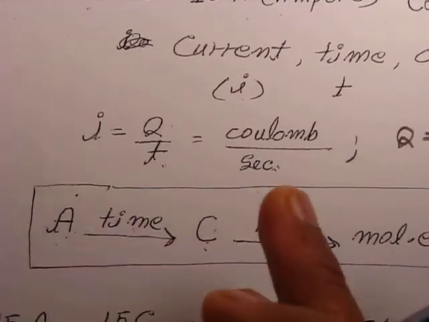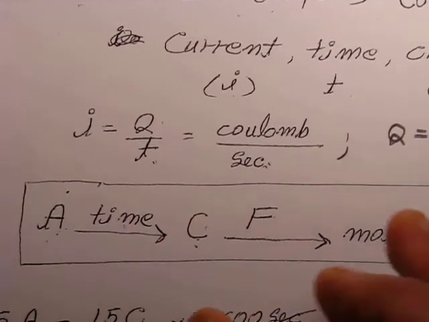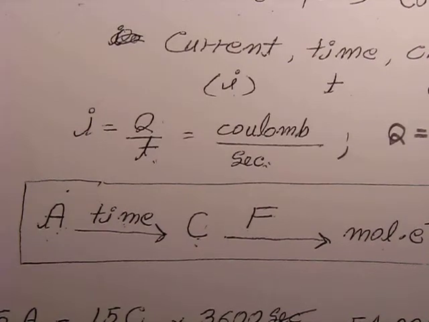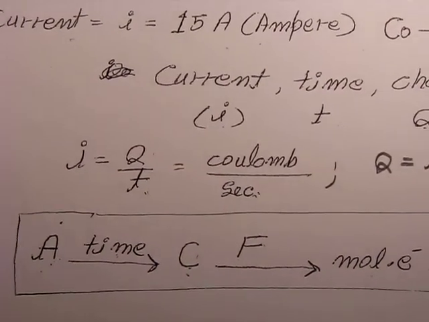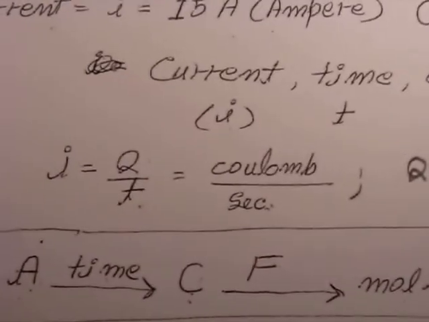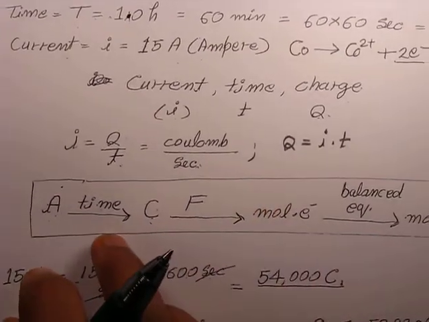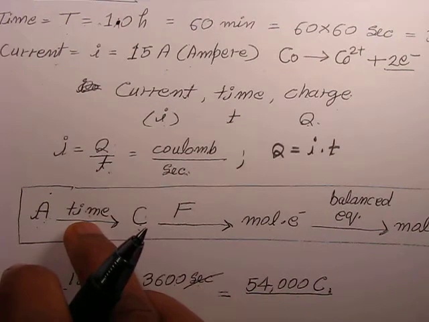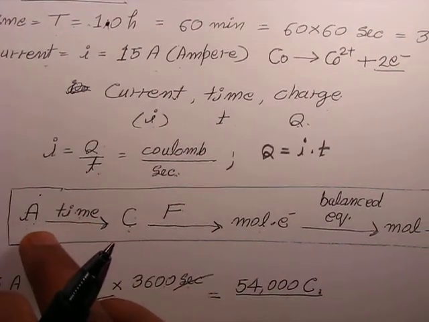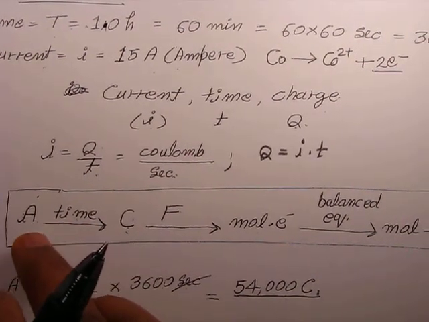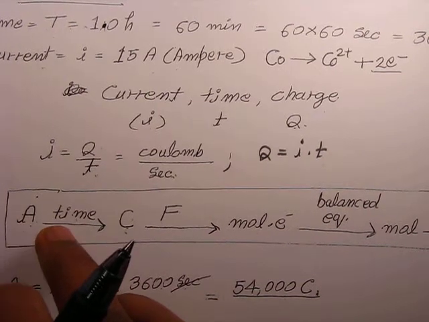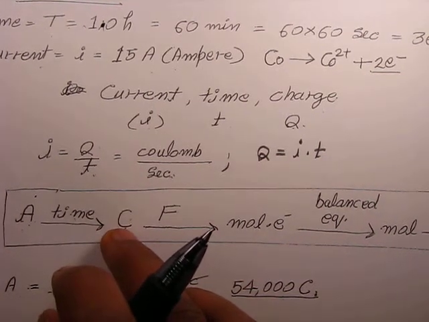So what is the flow chart we have to follow? We have to follow this flow chart: I take the current, the ampere, that we passed for this much time, and the product of the time and ampere will give us how much charge I passed.